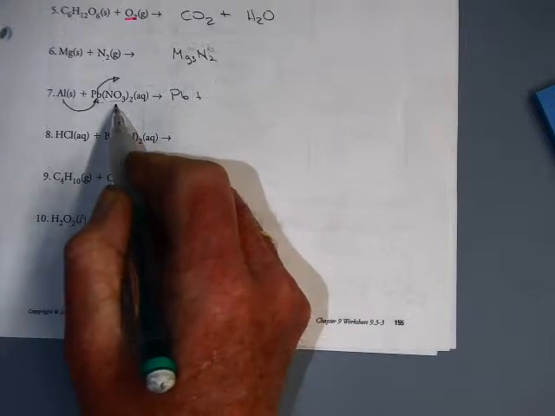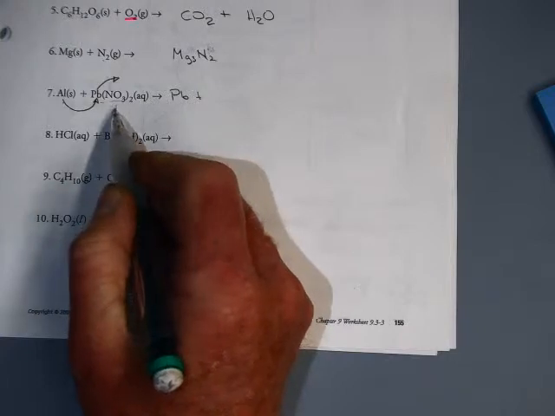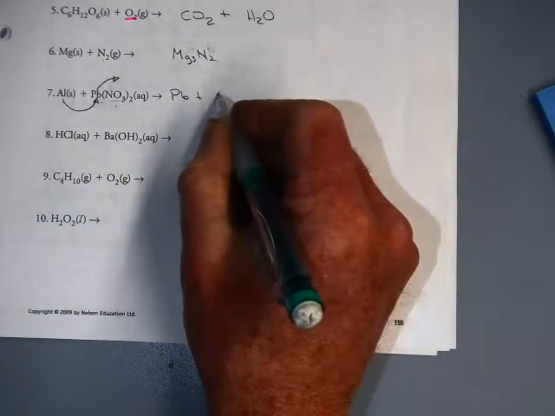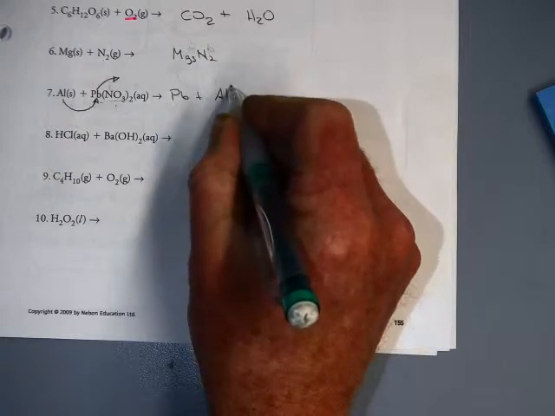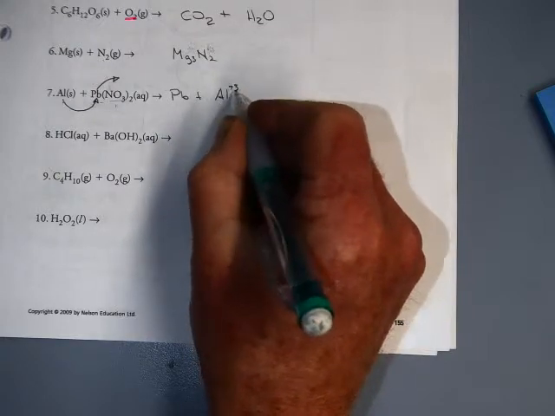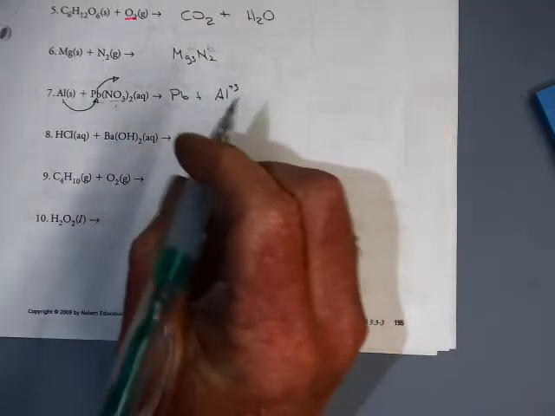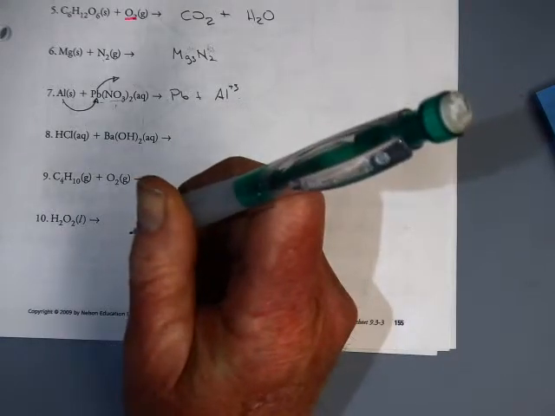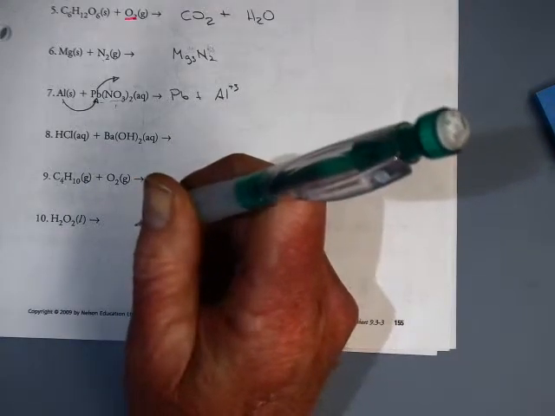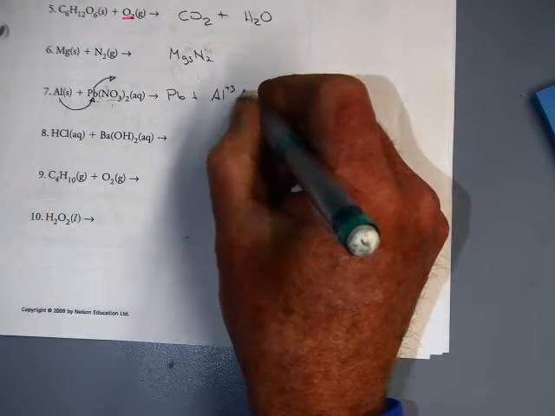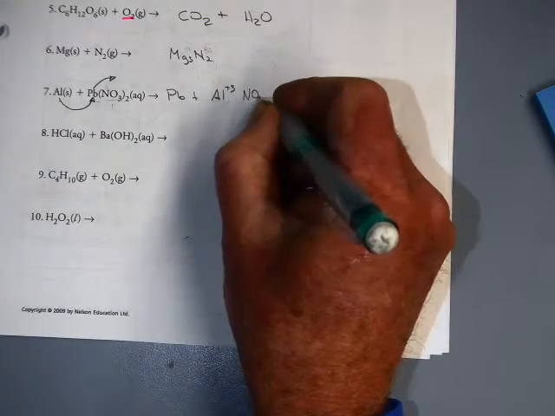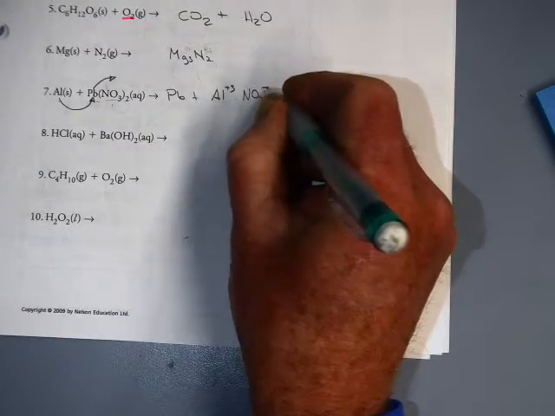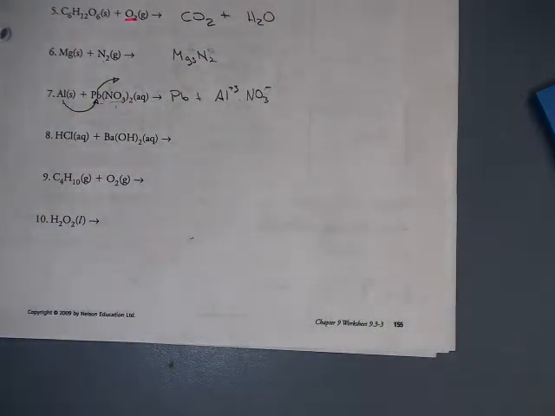So what's the combining capacity of aluminum? Very good. It's +3. So we're going to have aluminum, and he's got a combining capacity of +3. Nitrate always has a combining capacity of -1, right? So NO3 is always -1, and so I perform my cheat.